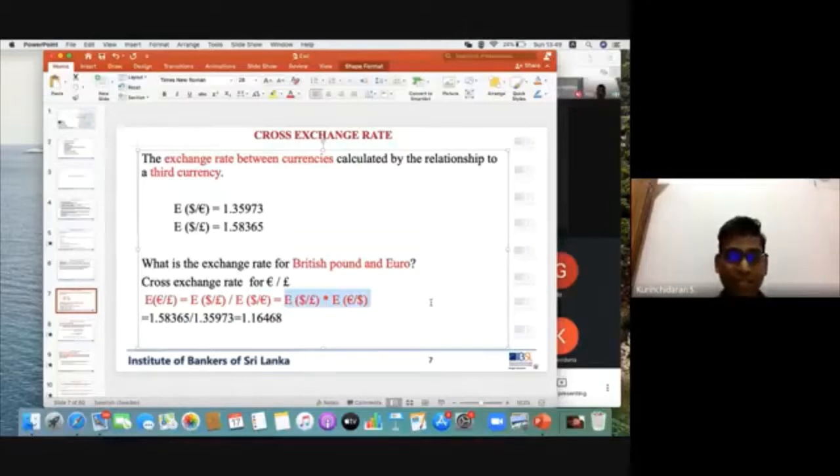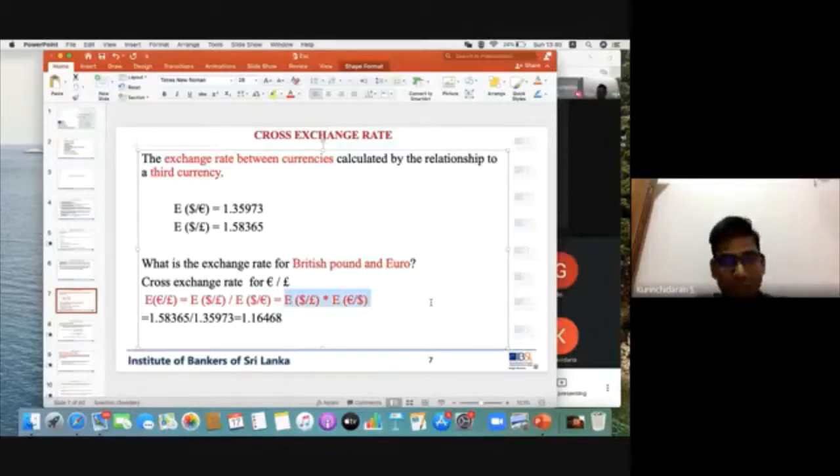So you can see now, if you simplify this formula, the final version will be, because this $ sign will disappear, the final equation will be euro over sterling pound. So this is a mathematical computation.